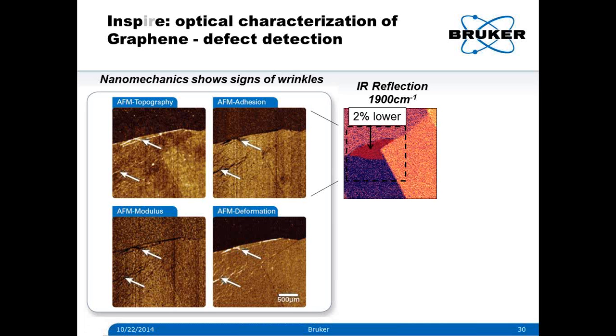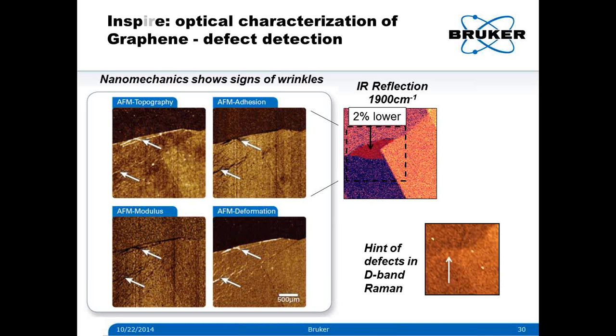If you look at the infrared reflection, so you zoom in on a certain area here, you see that we can distinguish the layers, but one layer, the single layer, has an area which has a 2% lower reflection. So quite a tiny change in the reflection of a material that is only a single atom thin. So we are quite sensitive.